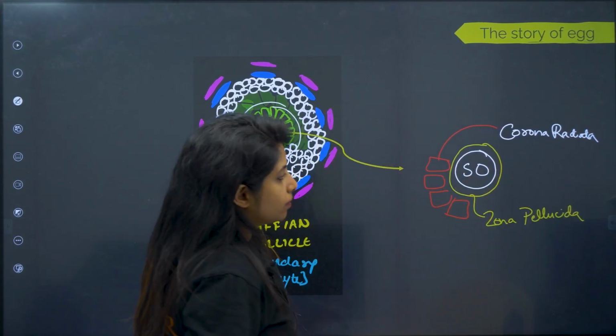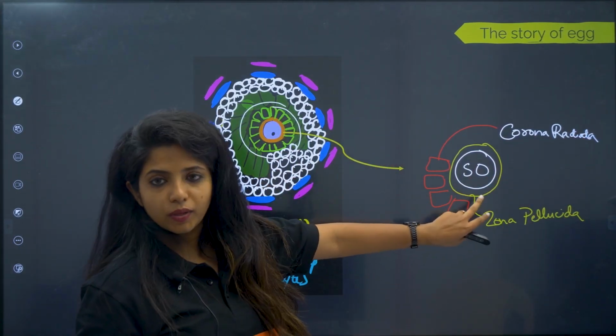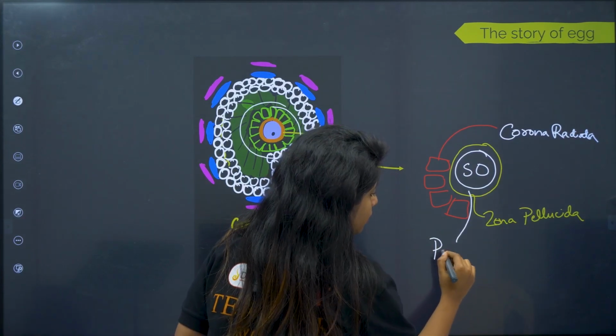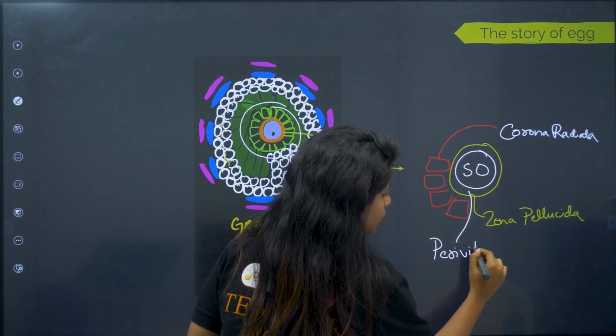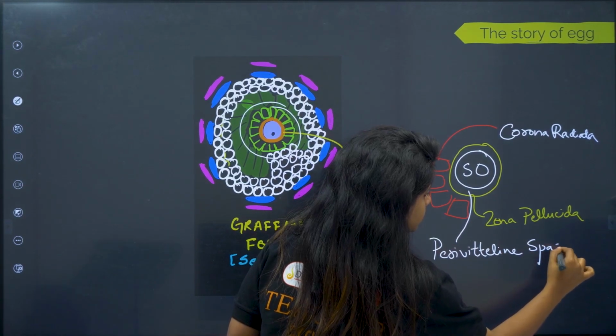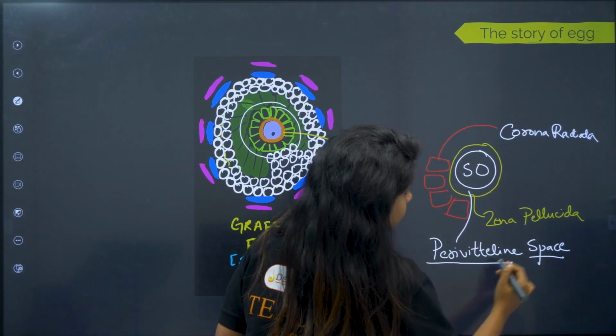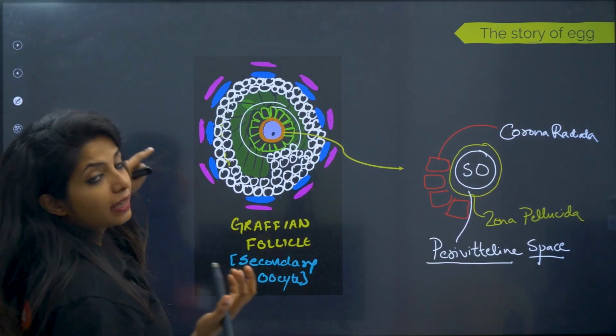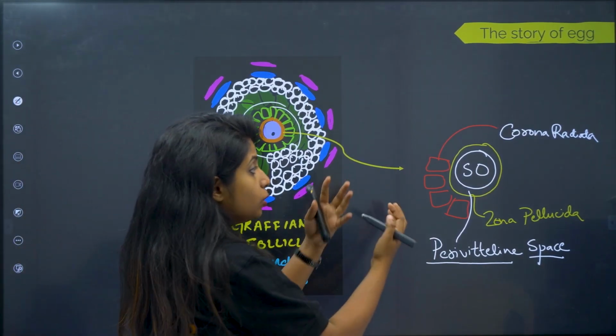Now children, one more thing: there is a space over here. What do you call this? Perivitelline space. And obviously the ovum is an egg, the secondary oocyte is an egg.